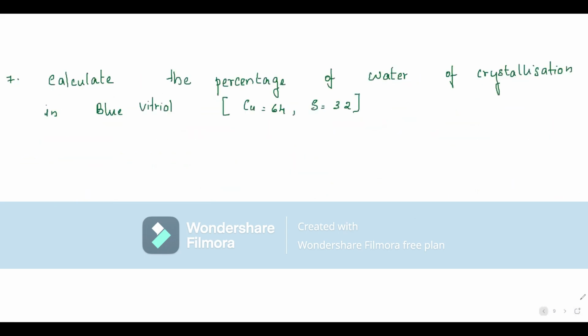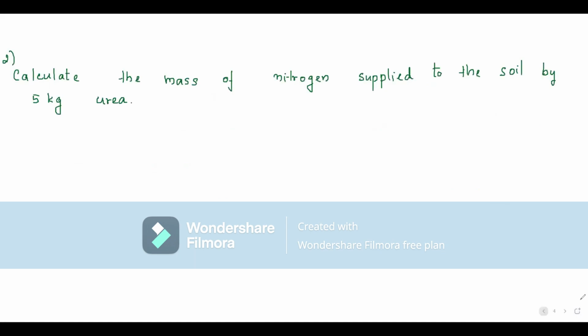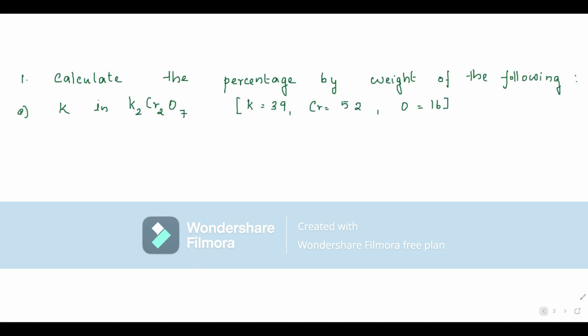Now, when we solve some examples, it will be clear. So, the first question here is, calculate the percentage by weight of potassium in potassium dichromate.